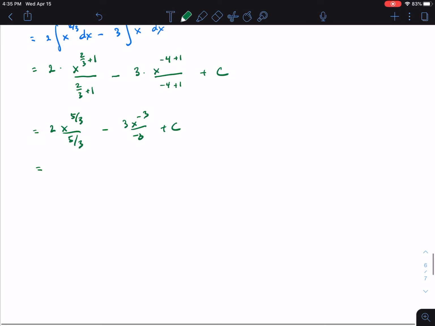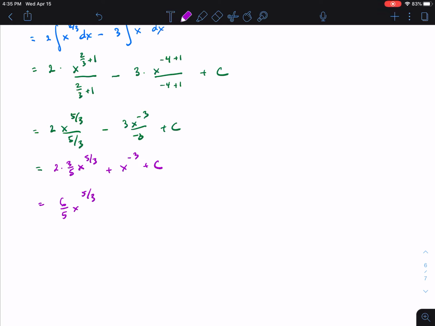When we divide by a fraction, we multiply by the reciprocal, so we're looking at 2 times the reciprocal, which is 3/5 x to the 5/3, minus, which will become plus, and then that's x to the -3, plus c. So now that becomes 6/5 x to the 5/3 plus 1 over x to the 3 plus c.